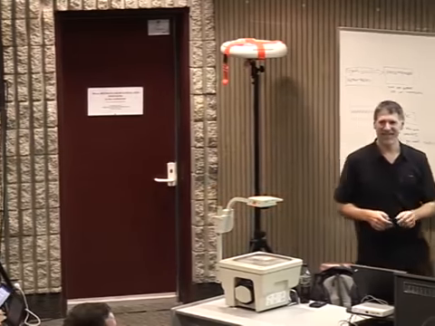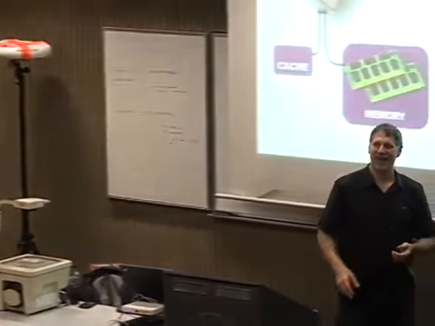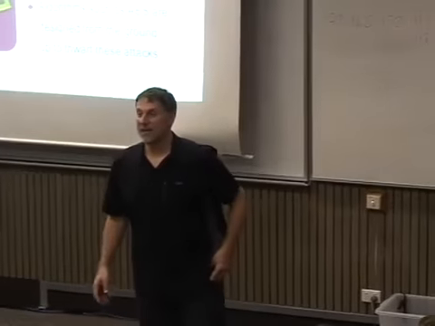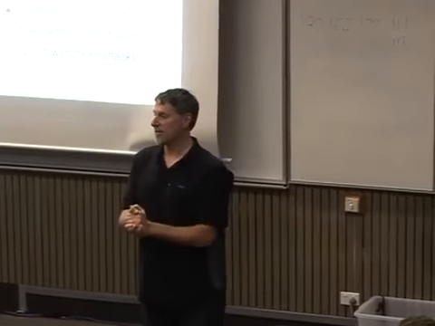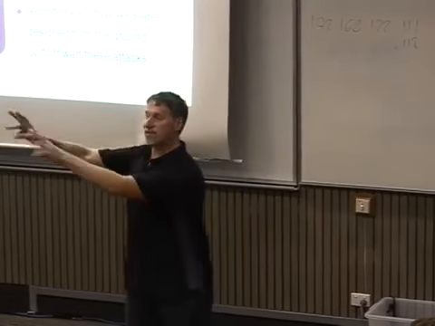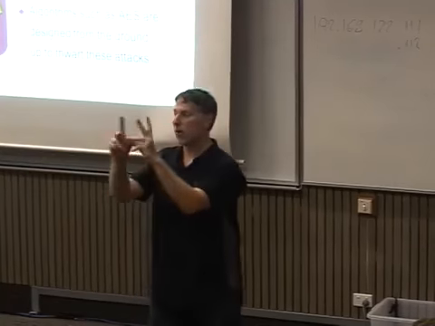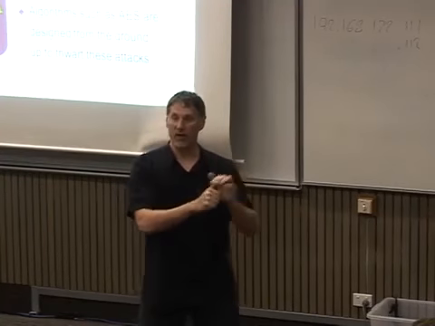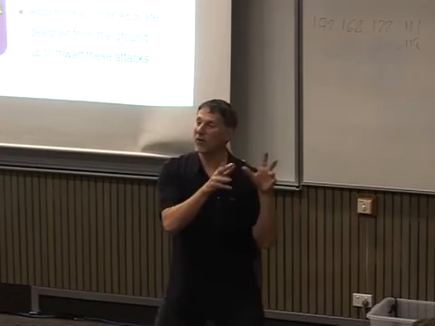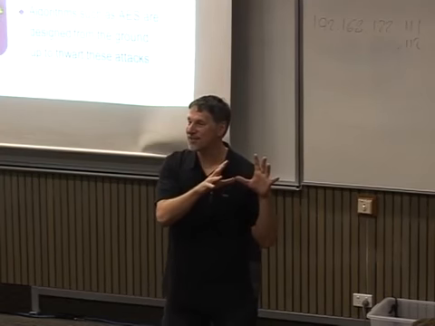Yes? To clarify, that's not the mathematical algorithm of the operations they're doing, that's the implementation. Yes. So the thing about DES is when there's a 0 in the key, it goes and executes this code over here. When there's a 1 in it, it goes and executes this code over here. So what we do in this attack is we make sure this code over here is never in the cache.